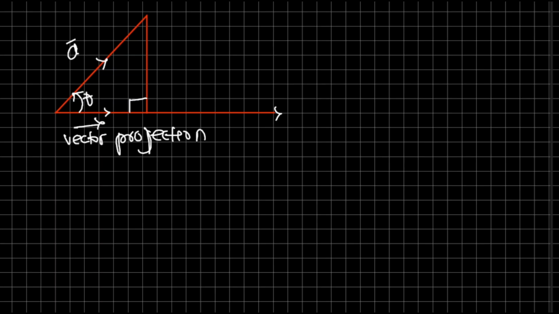Now, how can we compute vector projection? If we call this place C as usual, with what we had before, you know that cos theta equals the magnitude of C over A, and this magnitude of C was set to be equal to the scalar projection.